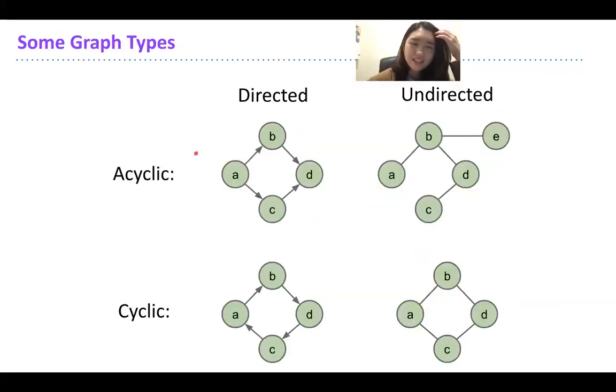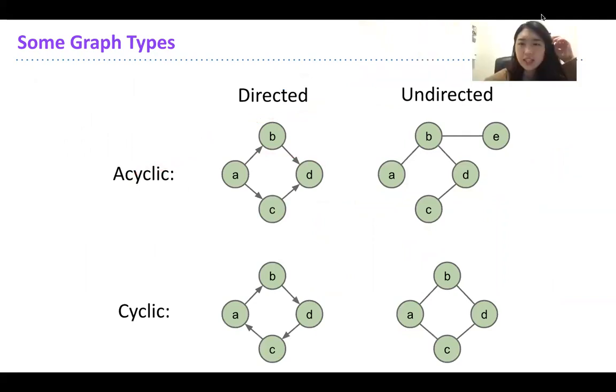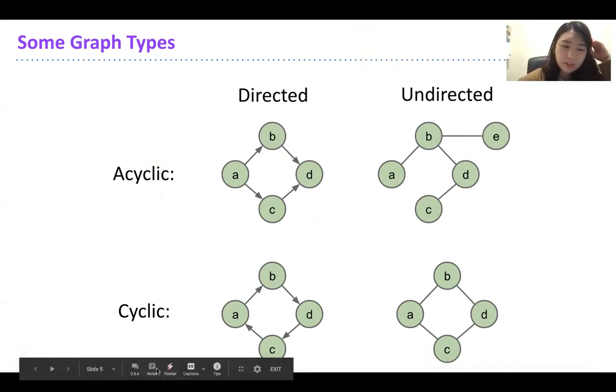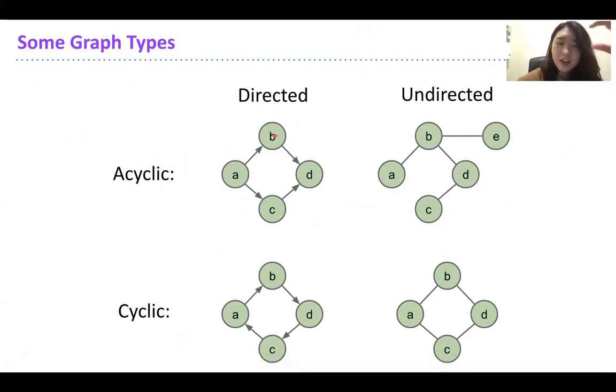So this acyclic graph can be either directed or undirected. When I first saw this, I was a little confused, so you need to look at it closely. In this acyclic graph there is actually no cycle, though if you just scan it, you'd think, wait, it looks like it.